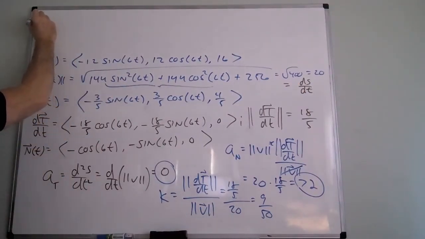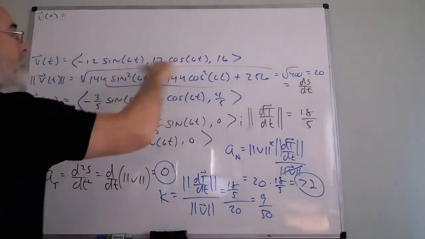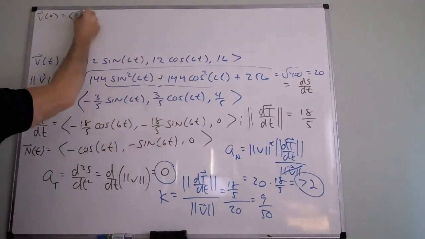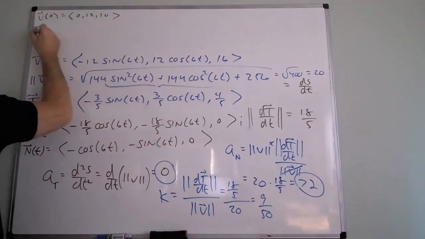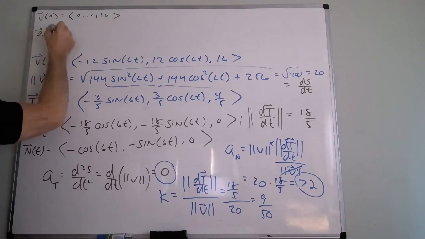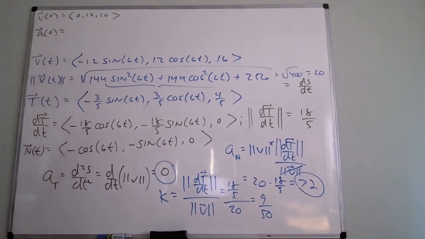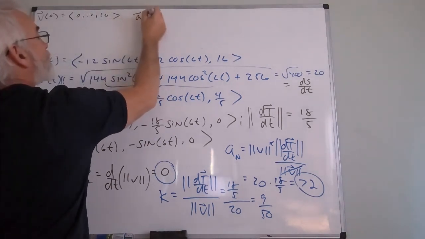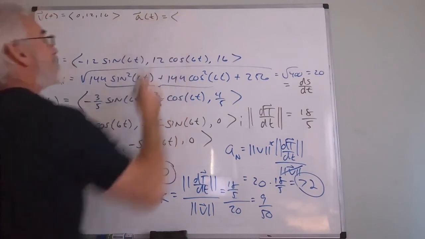I said I wanted everything at 0. So v of 0 is 0, 12, 16. A of 0 is, and we actually haven't found A of 0, have we? Oh, you know what? We never found A. Let's find A. I said everything.